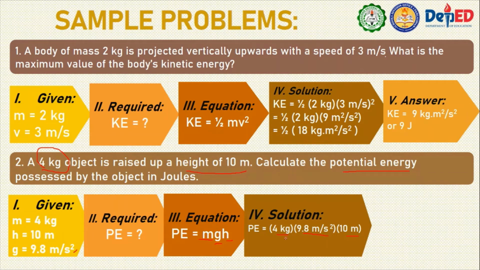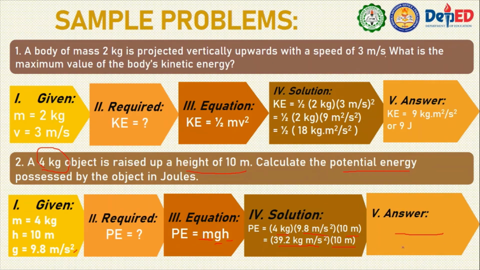Next step, we are going to multiply 4 kilograms times 9.8 meter per second squared and is equal to 39.2 kilogram meter per second squared. Then lastly, we are going to multiply this one by 10 meters. And the final answer is 392 kilogram meter per second squared meter, or in short, 392 Newton meter, or 392 joules.